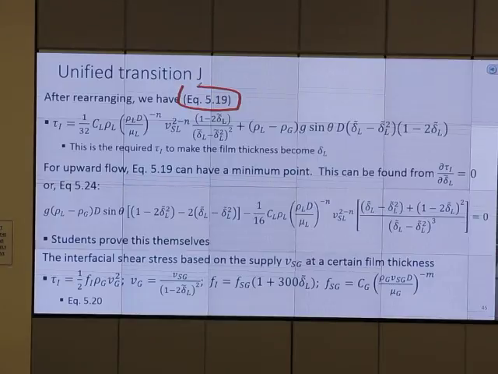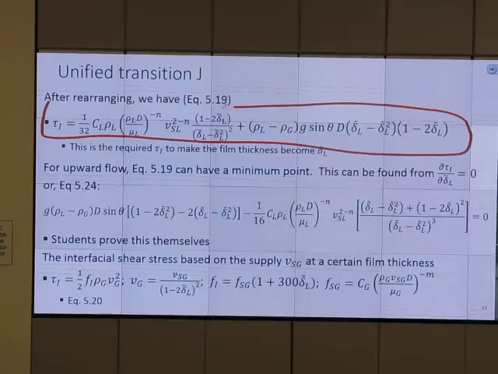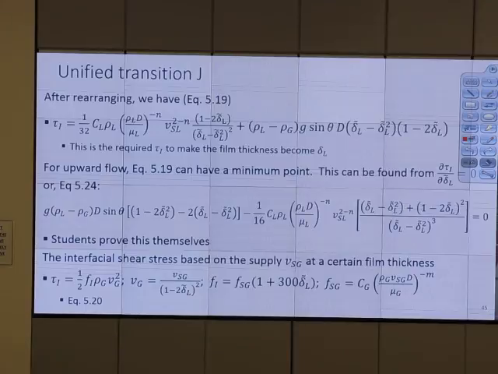201. Okay. So that equation 5.19 is a combined momentum equation. It comes from the combined momentum equation when we assume no entrainment for annular flow.